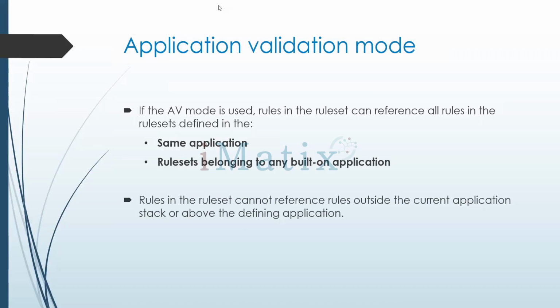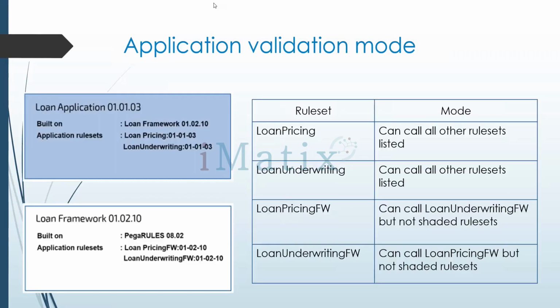Let's see this maybe through a quick example. What are the two rules that I have in hand? For AV mode, I can access rules from the same application, and I can also access rules from any built-on application. Now let's quickly see how this is going to work. Now currently I have two.